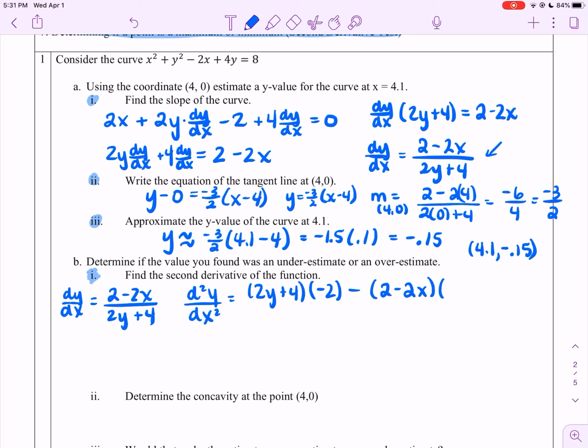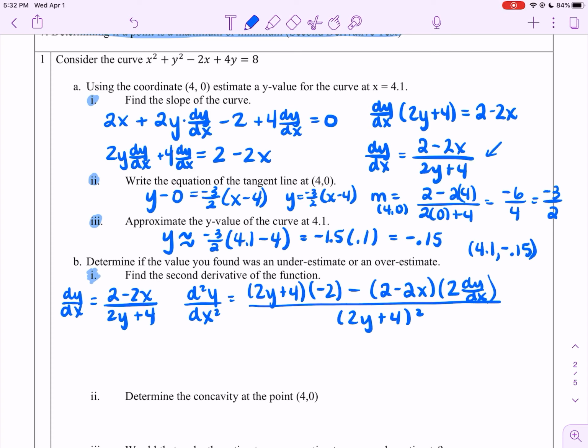Here, the derivative of the low is going to be 2 times dy/dx. Notice the 4 is a constant, so its derivative is 0. And that will be all over low squared. So this would be all over (2y plus 4) squared.